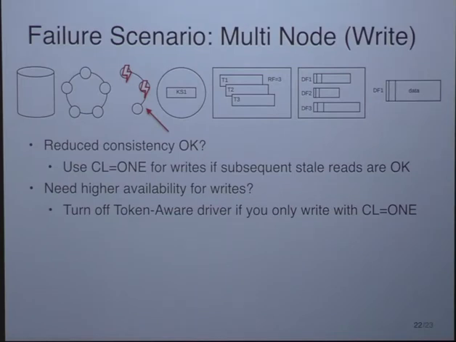The answer is, if they've been down long enough and the driver has found out that they're down, that's exactly what it would do. If the driver hasn't found out that they're down yet, it will take a little bit longer for it to figure that out. Did that answer your question?